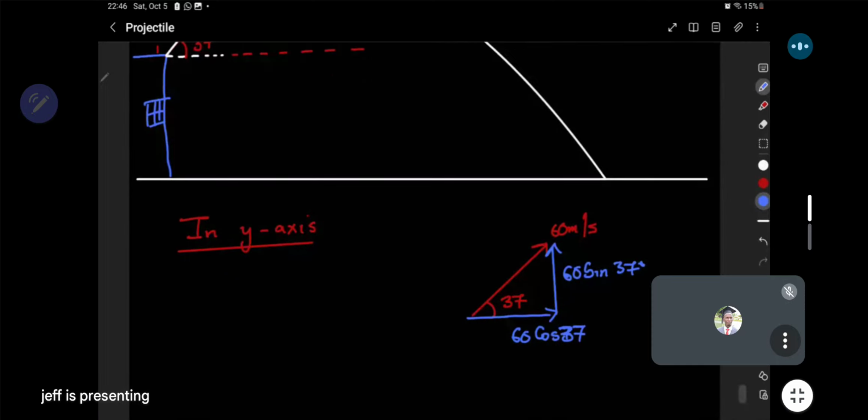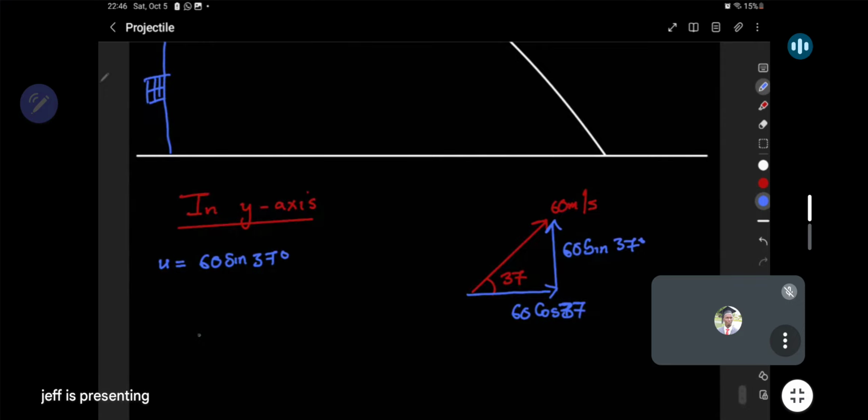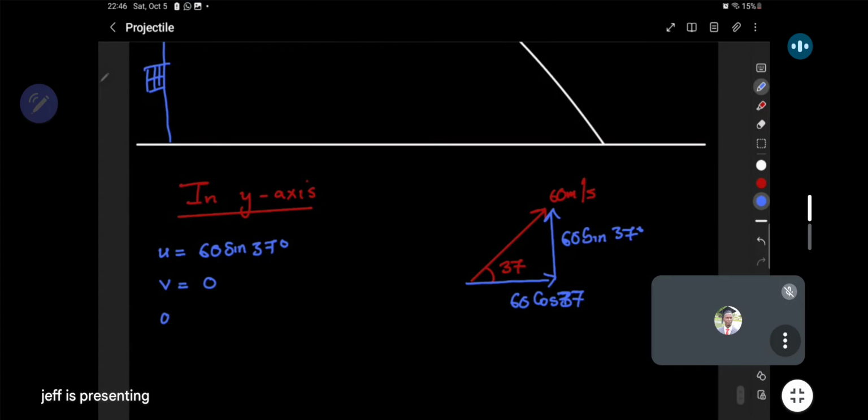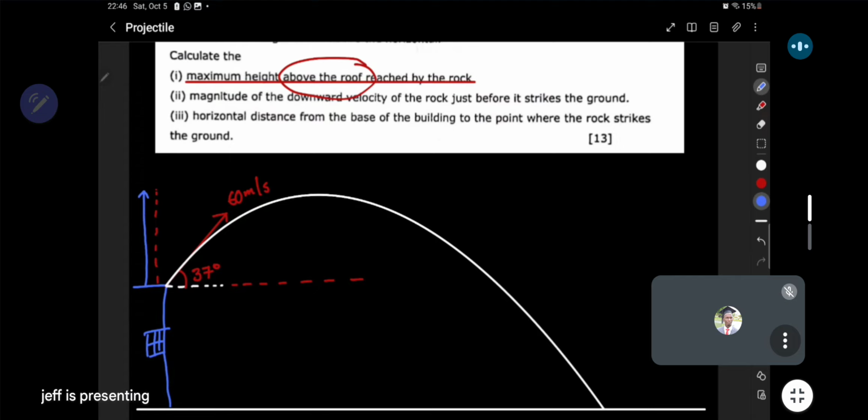From here, the initial velocity in the y direction, we've just seen, is 60 sin 37 degrees. But since we are going to the turning point, the maximum height, the final velocity at the maximum height will be 0. In the y-axis, acceleration is present and it's always downwards, 9.8 with a negative, and we're looking for the maximum height reached, meaning the displacement up to the maximum height.